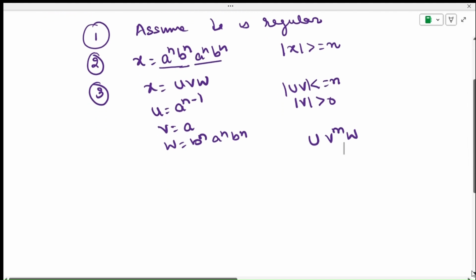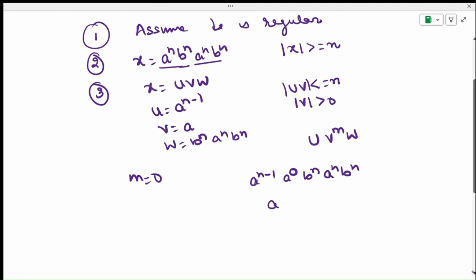Take m equal to 0 and put u as a raised to the power n minus 1, v as a raised to the power 0, followed by b raised to the power n, a raised to the power n, b raised to the power n. This becomes null. I get a raised to the power n minus 1 followed by b raised to the power n, a raised to the power n, b raised to the power n.